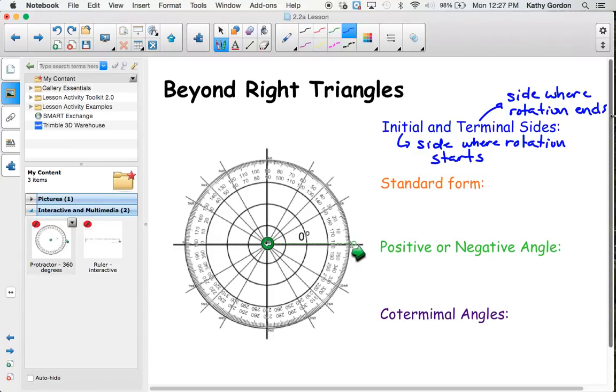So the initial side is the side where your rotation is going to start. And then as you rotate through, wherever your other side ends up is called your terminal side. Simple enough.